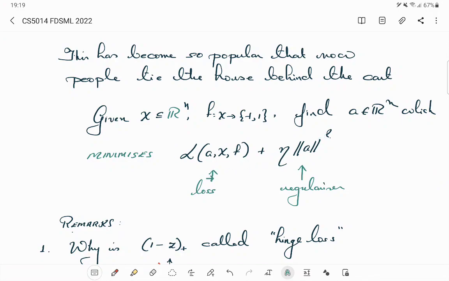And this first term is correctly referred to as a loss, and the second term is just referred to as a regularizer. Another reason I think this is popular is that, without all this build-up of the theory and the mathematics behind this optimization, one can easily think of this as some kind of a loss, and loss is something you always want to minimize, and this ensures that you are not minimizing the loss by actually shrinking the norm of the vector.